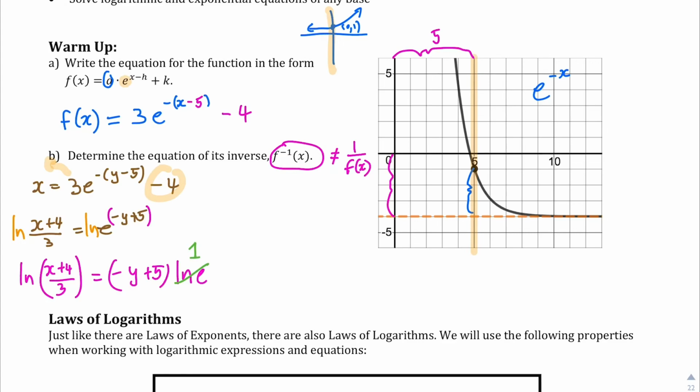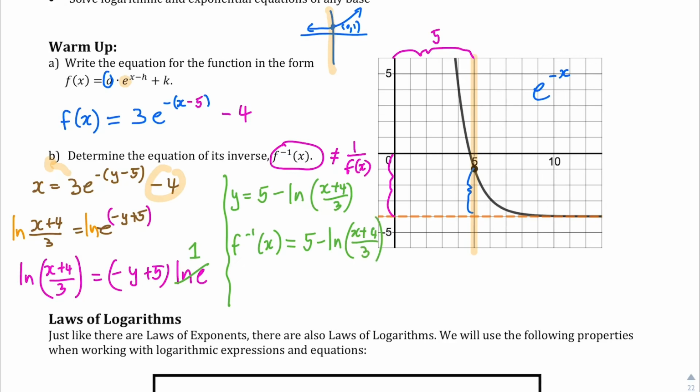My next step then is just to move the 5 to the left-hand side and multiply through by the minus. And so y is equal to 5 minus ln of x plus 4 over 3, or of course f to the minus 1 of x equals 5 minus ln of x plus 4 over 3.